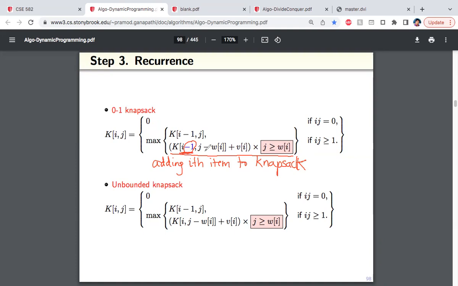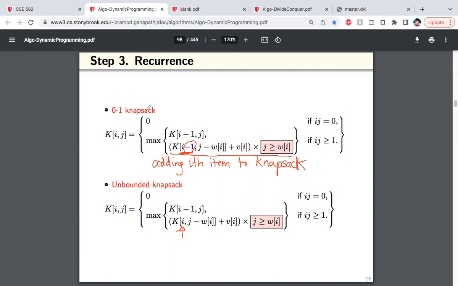But in the unbounded version, when you add the ith item to the knapsack, you won't decrement this, because you can still add another instance, another copy of the ith item. You can add an unlimited number of copies if you want.